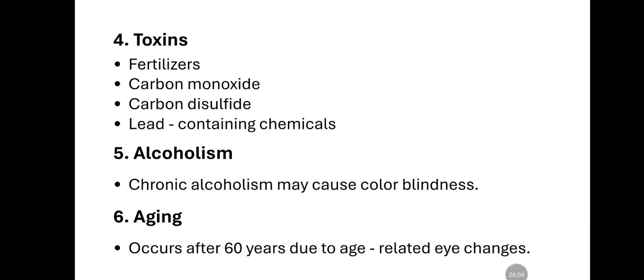Toxins: fertilizers, carbon monoxide, carbon disulfide, lead, contamination, chemicals, alcoholism. Chronic alcoholism may cause color blindness. Aging occurs after 60 years due to age-related eye changes.